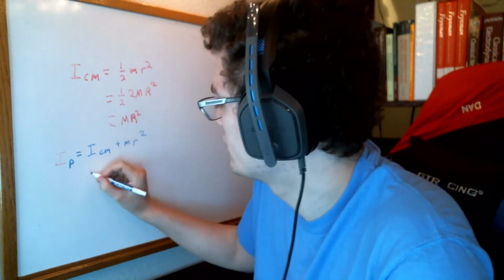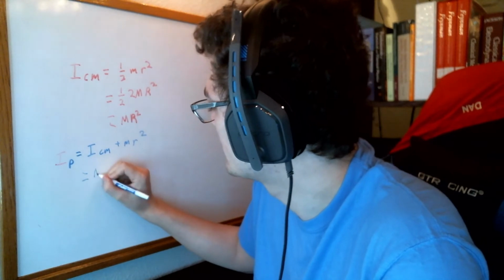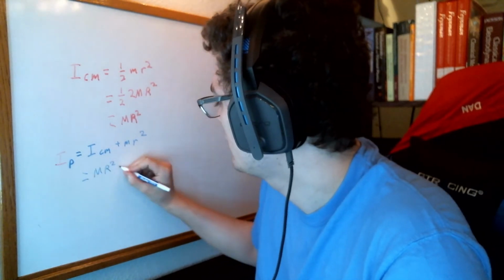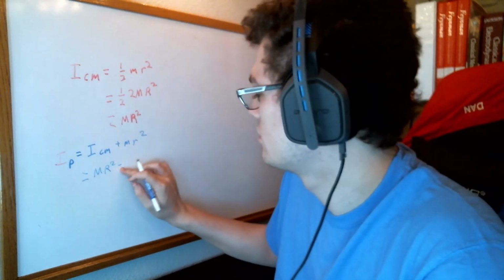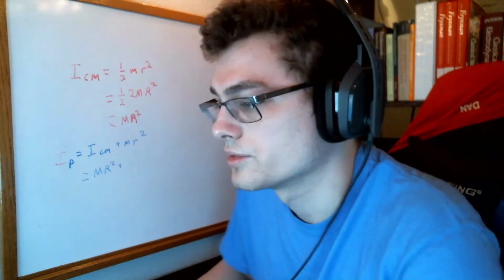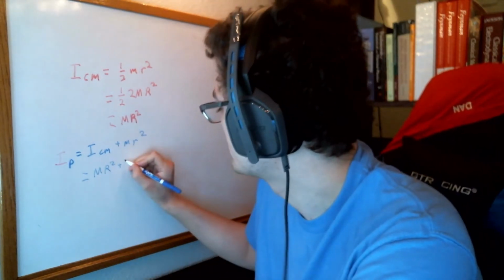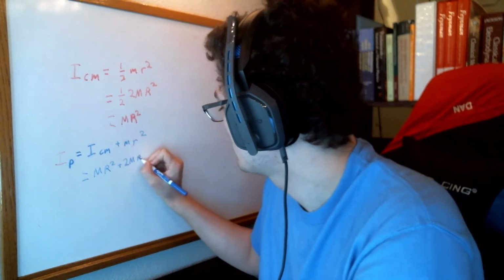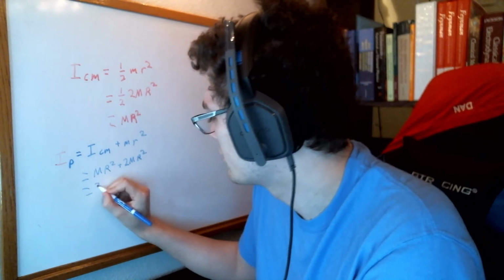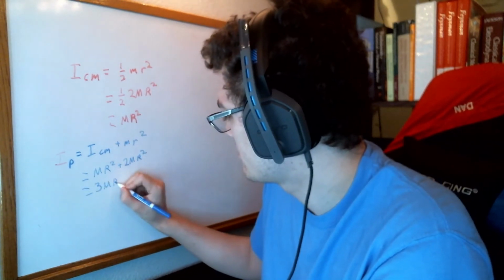So we already have what ICM is, and that's going to be mr squared. And then we just have to plug in these additional terms, plug in the masses here. So this is going to be 2m r squared, so this is going to yield 3m big R squared.